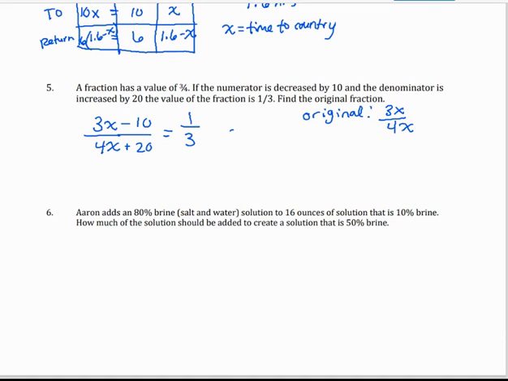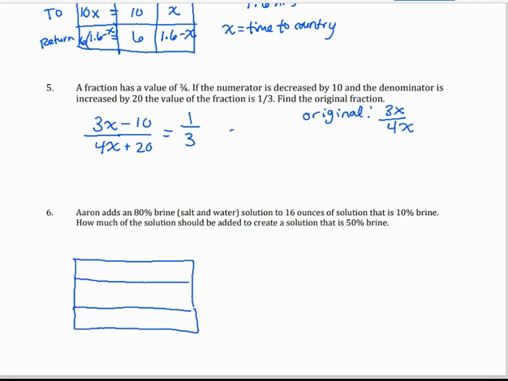Last but not least, a mixture problem. So Aaron adds 80% brine, which is salt and water, to 16 ounces of a solution that's 10% brine. How much of the solution should be added to create a solution that's 50%? So for our mixtures, I like to use a chart as well. Okay, we have really 3 different things. We have the 2 solutions, right?